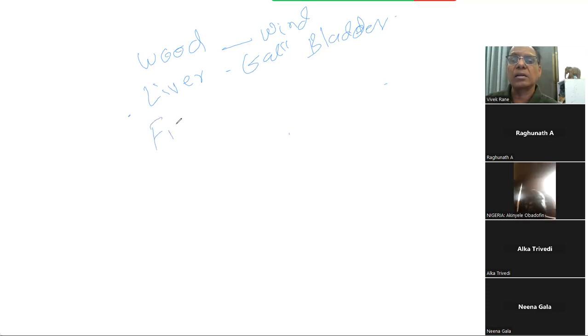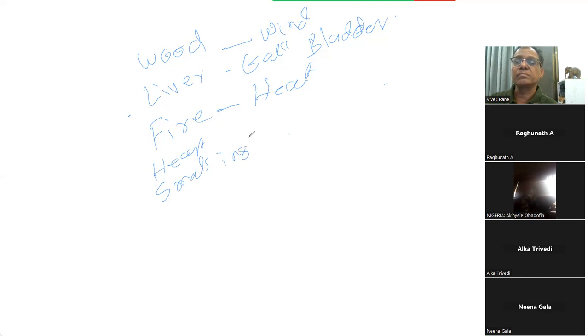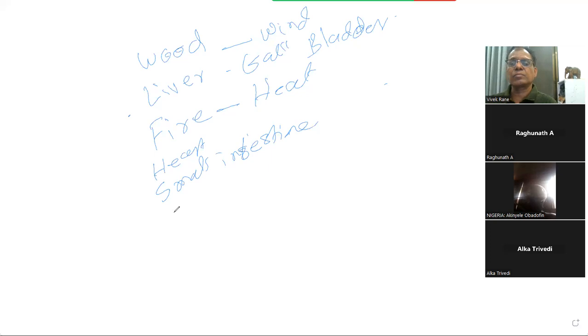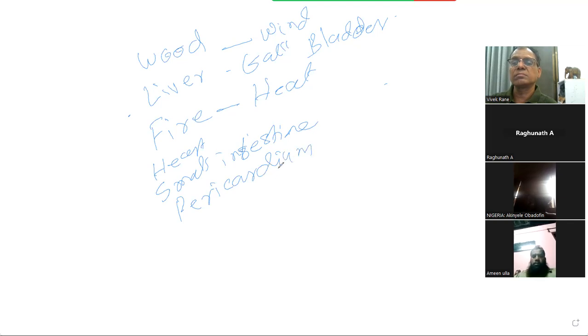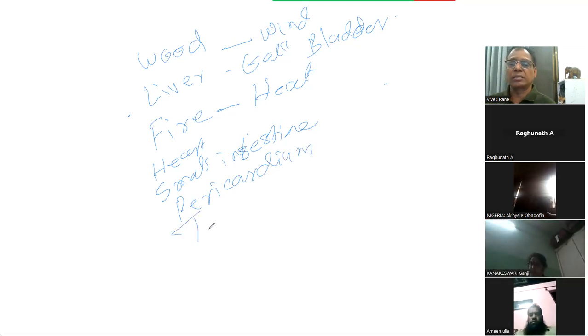Then fire, energy heat, and the meridians are heart, small intestine, then pericardium and triple warmer, also called Sanjiao.